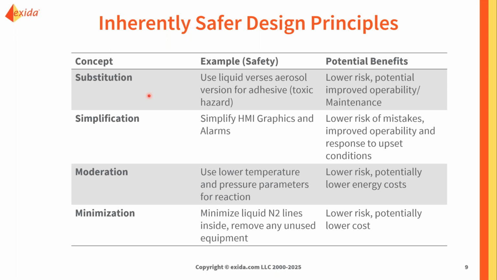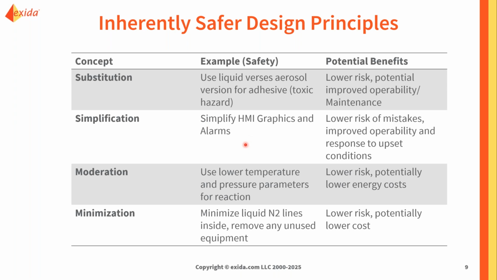Similarly, if there was a loss of containment of the aerosol version of that material, it would quickly spread. It wouldn't be contained within a certain area, and there was a much higher potential for a severe safety impact. And so with that in mind, comparing both options, the site made the decision to go with the liquid format because that was going to have a much lower consequence if there is a release.